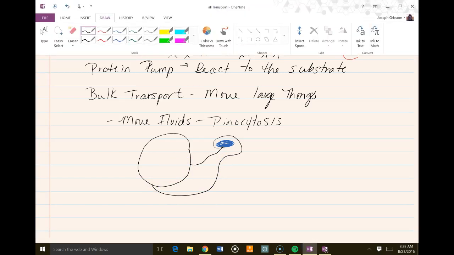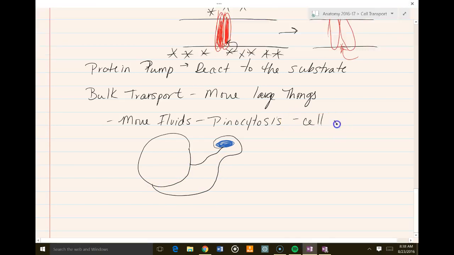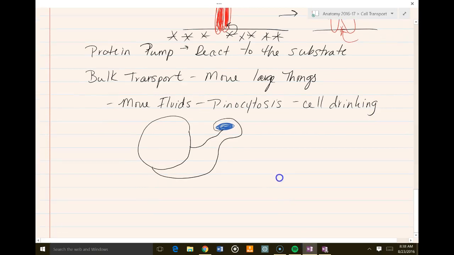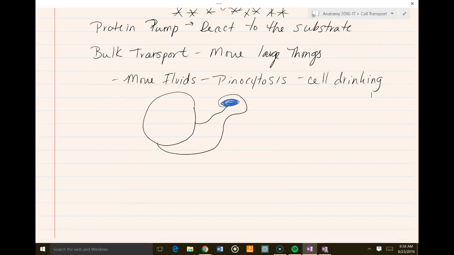So we call this cell drinking. And this is pretty common, not so much in our normal body cells. We don't do a lot of pinocytosis overall, or we don't think about it as happening in our body that often. But single cell organisms like amoebas and things, they do this all the time to get materials.